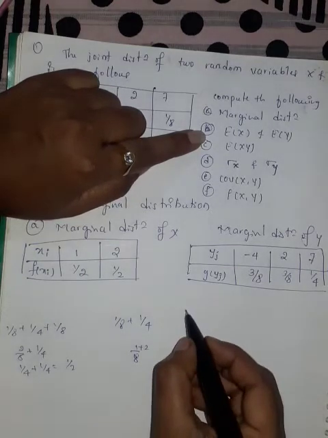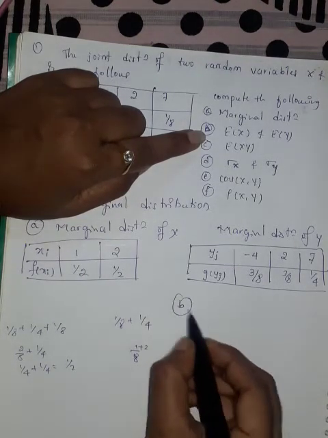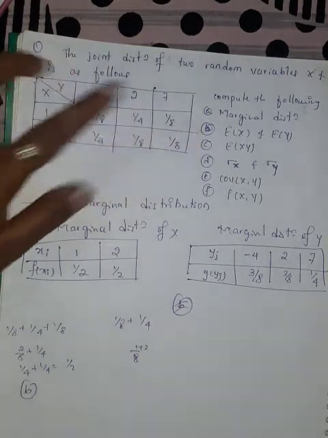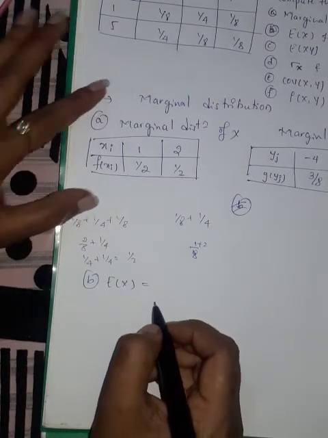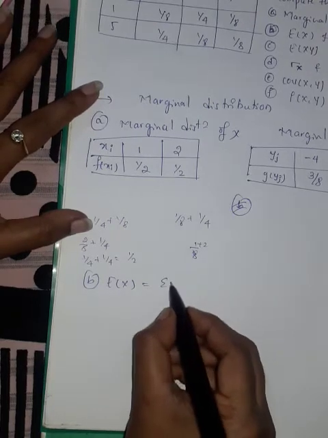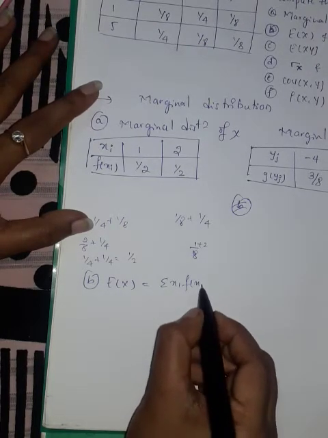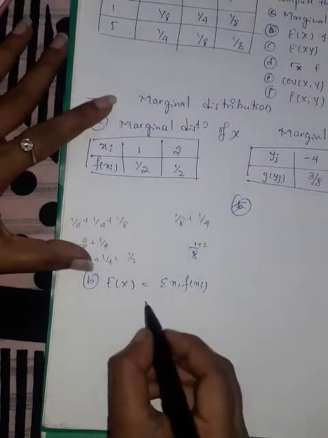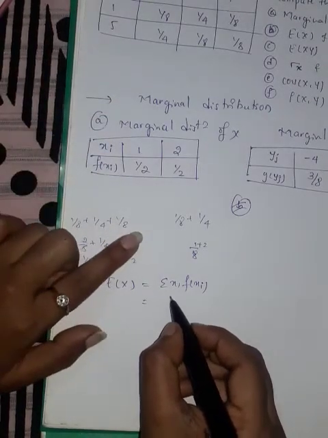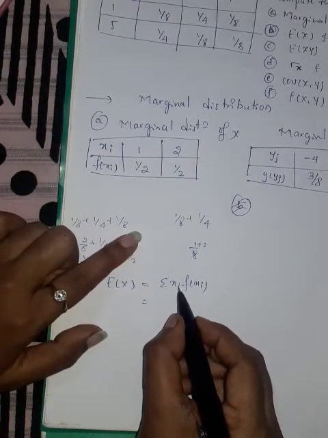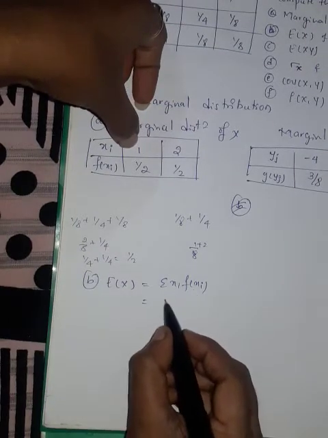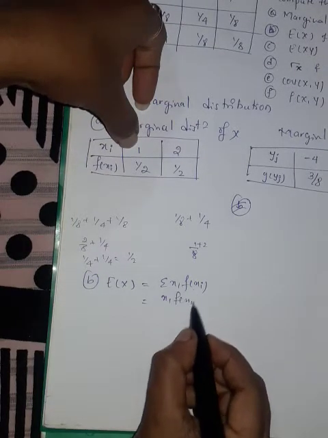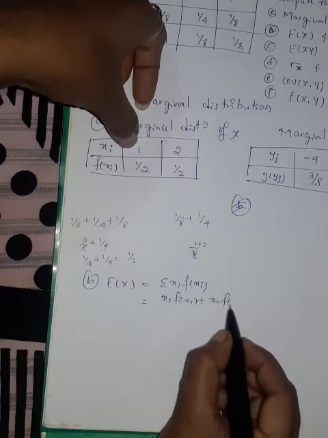Expectation of x. We have the formula: expectation of x is summation of xi into f of xi. That is x1 f of x1 plus x2 f of x2.